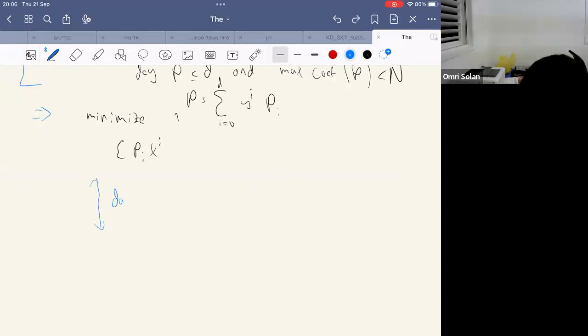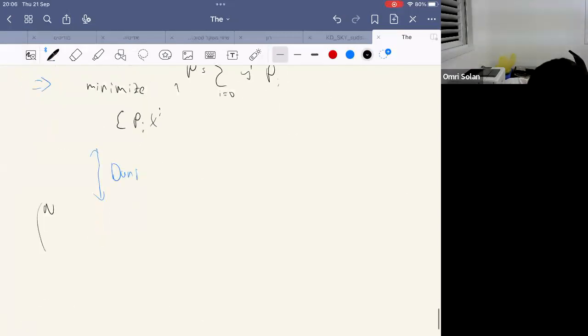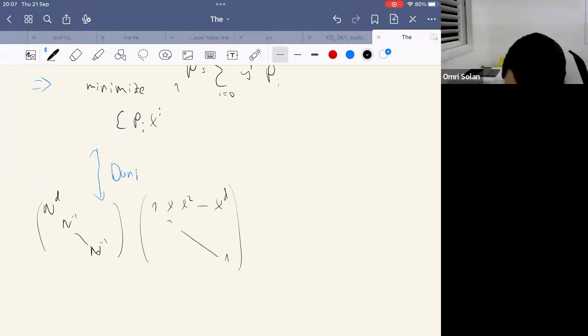We want to understand the lattice n to the d, and inverse, 1, x, x squared, up to x to the d, times Z to the power of d plus 1.